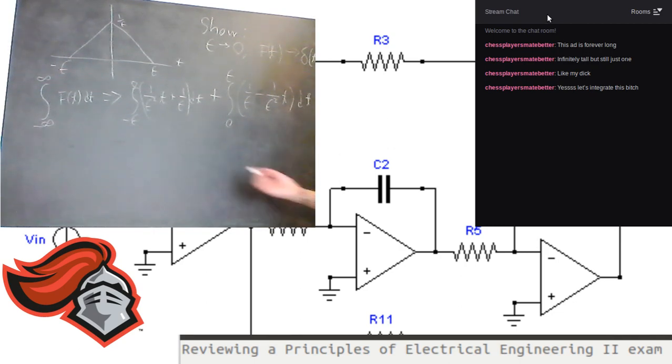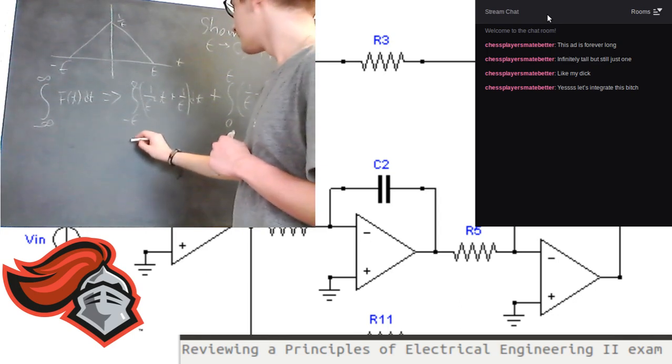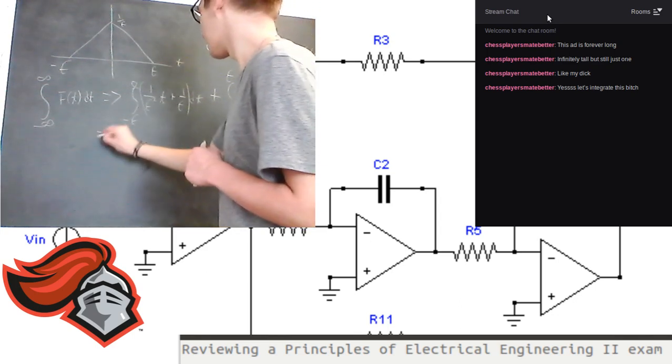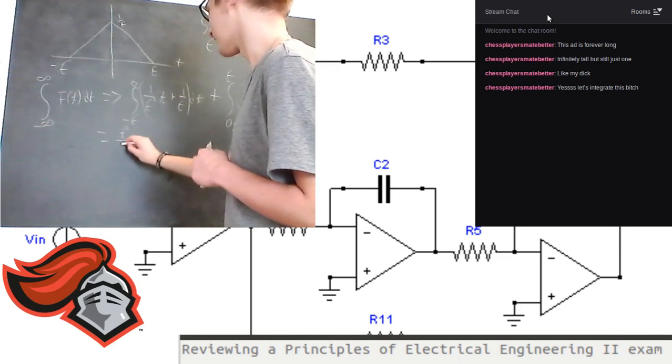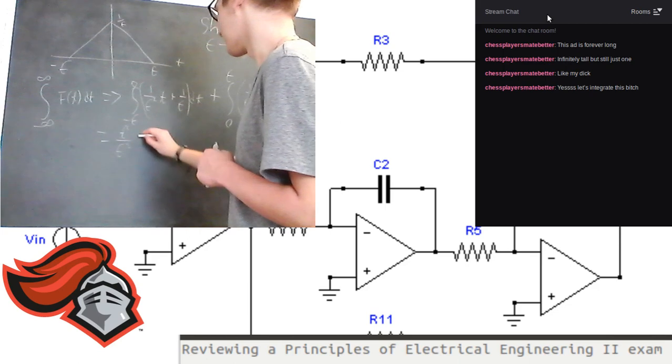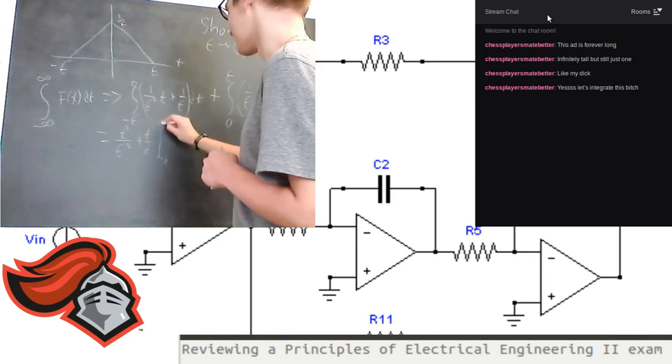And then you just evaluate this integral, we get t squared over 2 epsilon squared plus t over epsilon evaluated from negative epsilon to 0.